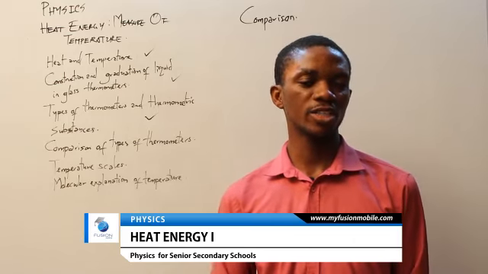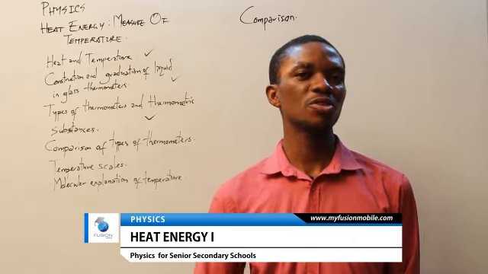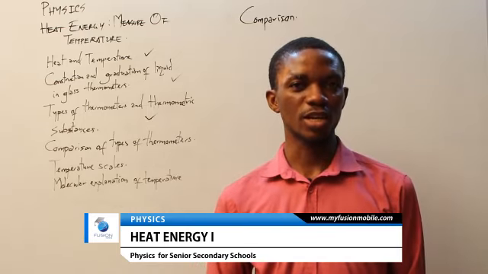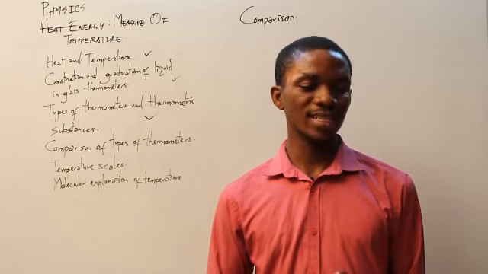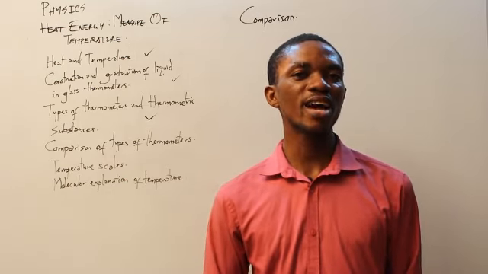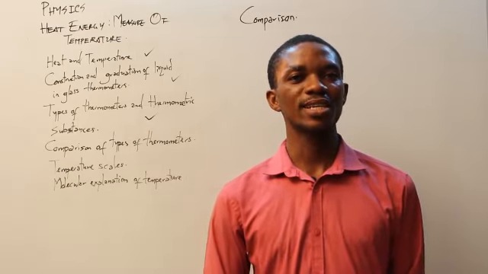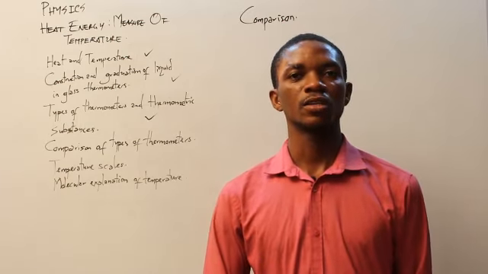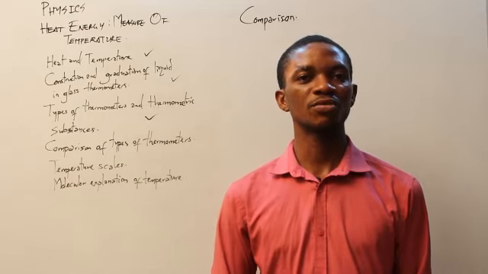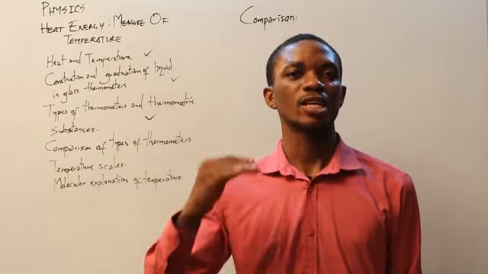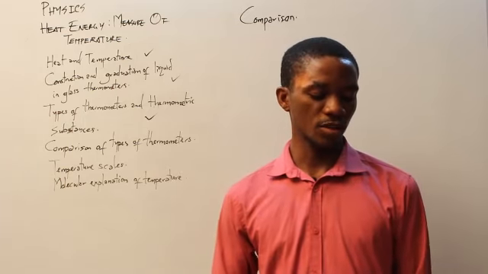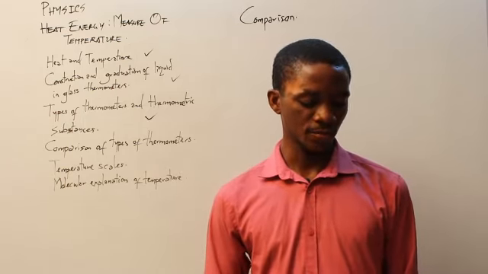Also, it is very fragile since we have the mercury put inside glass. When dropped, it can break easily, and it would not be very accurate when taking certain kinds of readings, such as extreme temperature readings. Your mercury in glass thermometers won't give you that accurately.